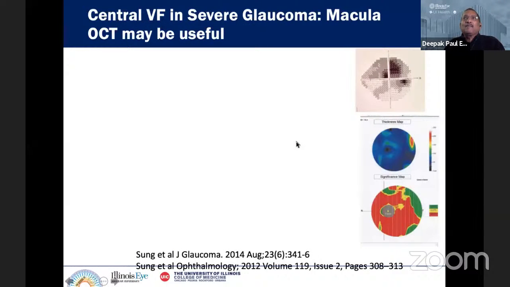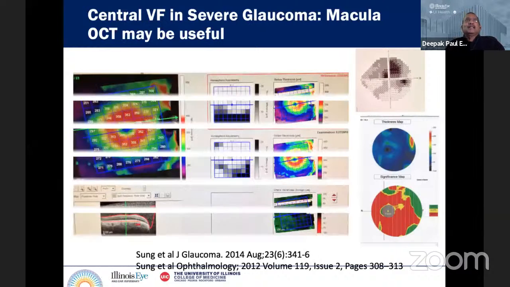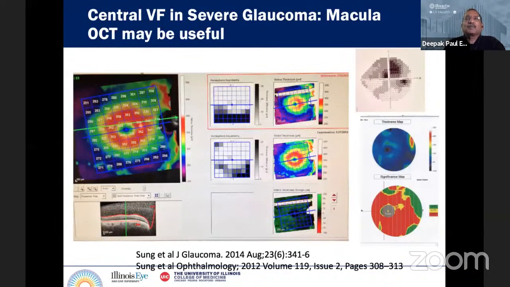Now, there may be some benefit of the macular scan, as was pointed out before. Remember, the macula contains about 50 to 60% of the ganglion cells in the retina. It is about 4 to 5 layers in thickness. So looking at these scans on a qualitative basis, and by qualitative I mean you eyeball it, because the progression analysis for macular scans in severe glaucoma are not very well validated.